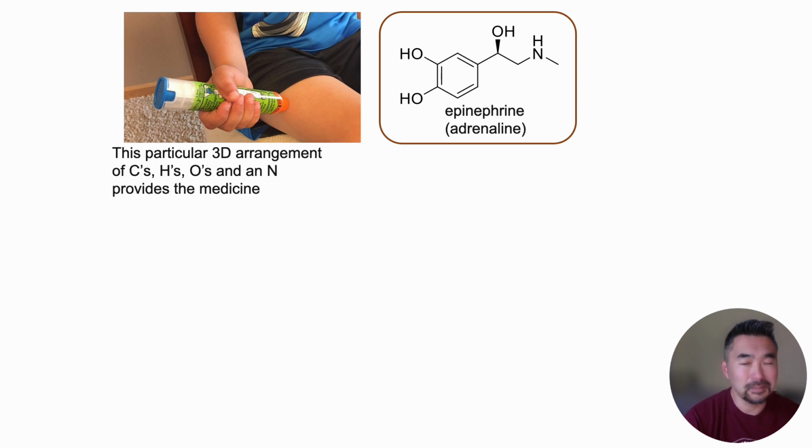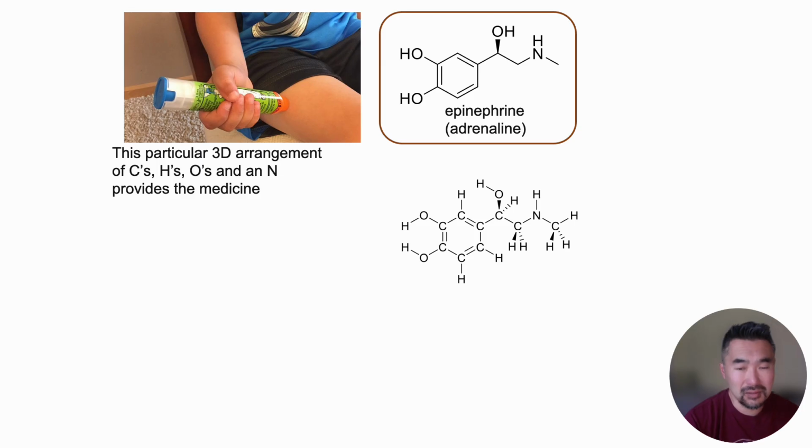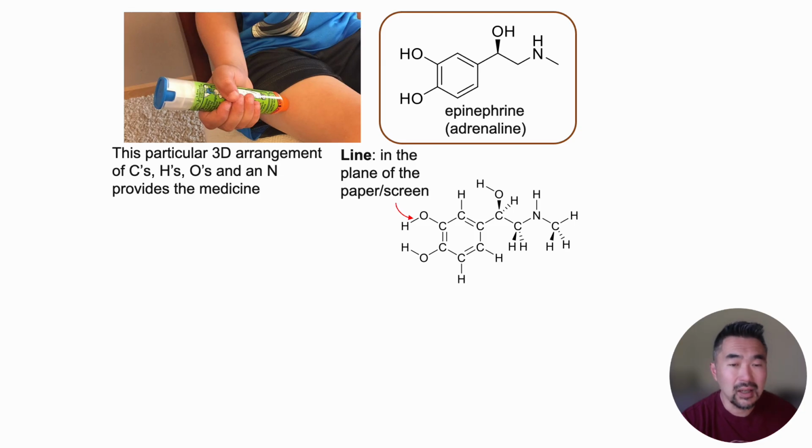Epinephrine has to have this exact structure. Based on the way we're used to seeing structures in general chemistry, we might draw the structure like this, where each atom is explicitly drawn with its elemental symbol, and all the bonds are shown.